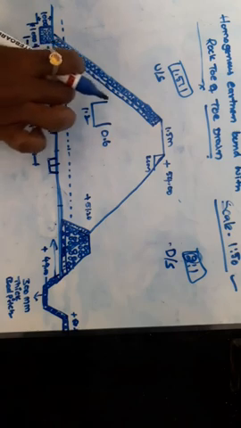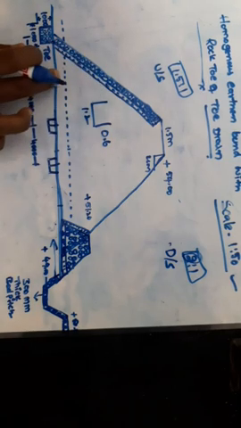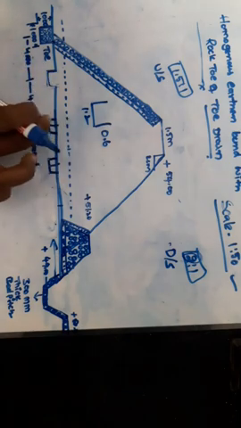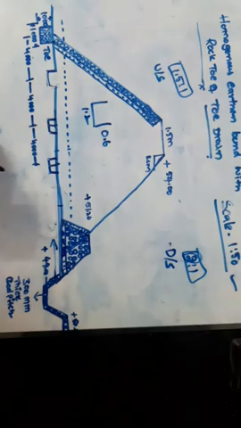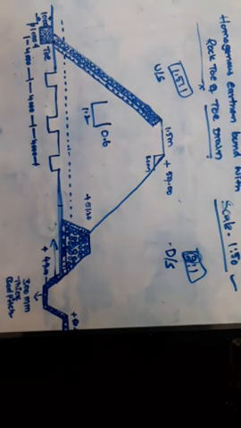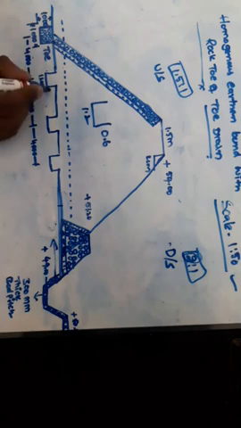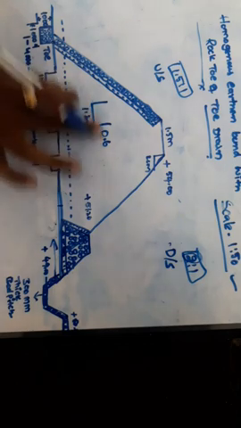We have to remove the middle represented points. The width of the key trench is 1200 mm, the depth of the key trench 600 mm.